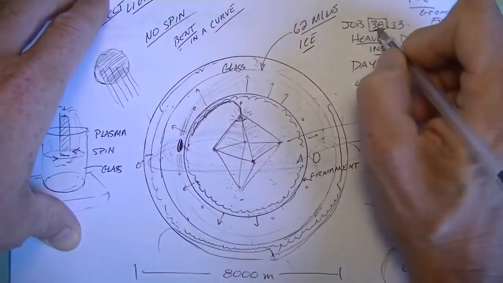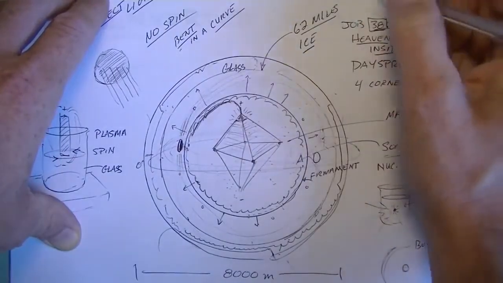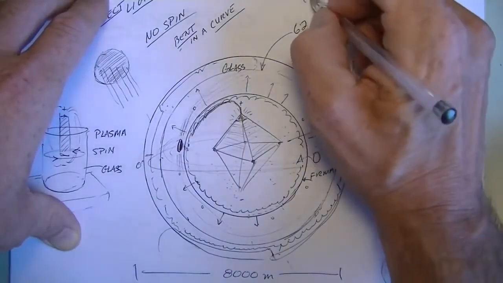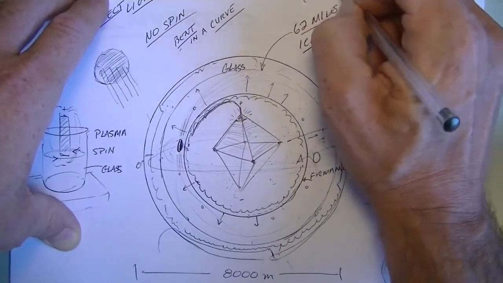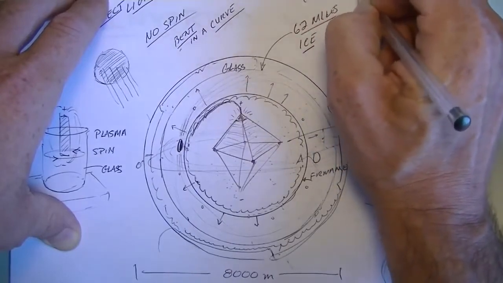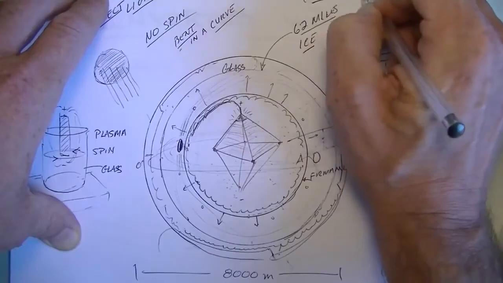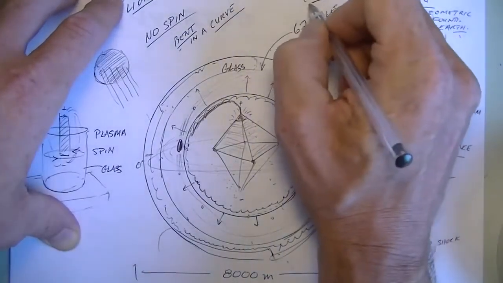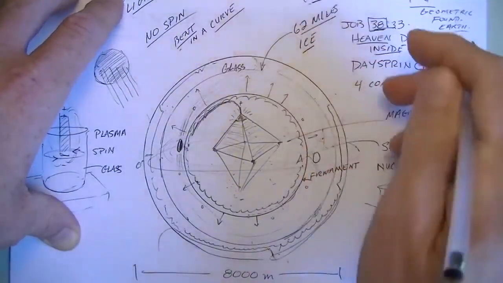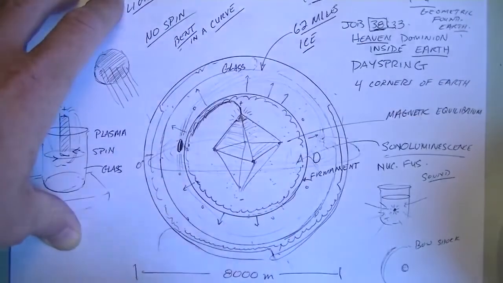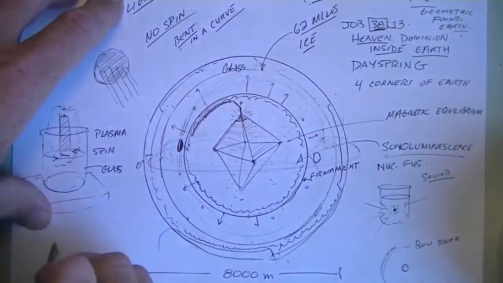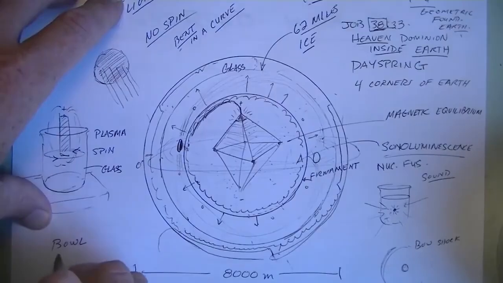Going back to Job 38, verse 22, verse 29, it's called the hoary frost of heaven. Now the word hoary frost in Hebrew actually connotes the image of a bowl or a basin.